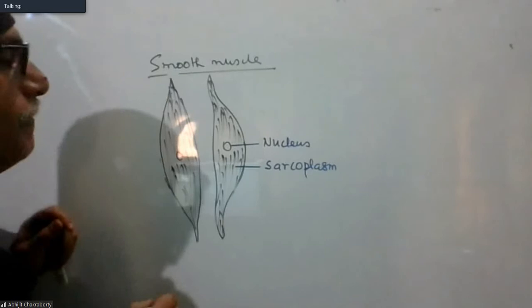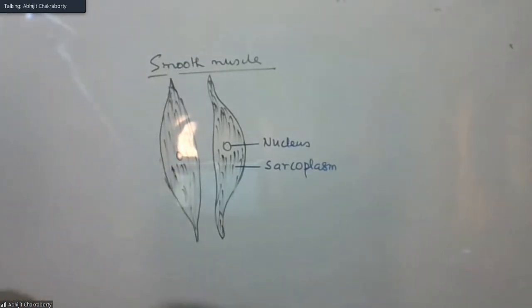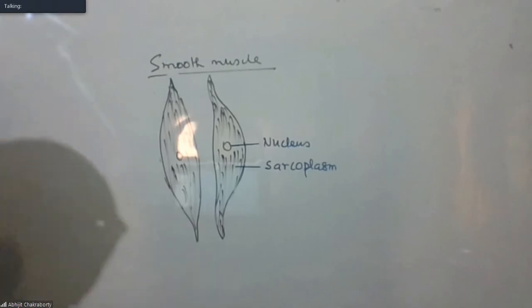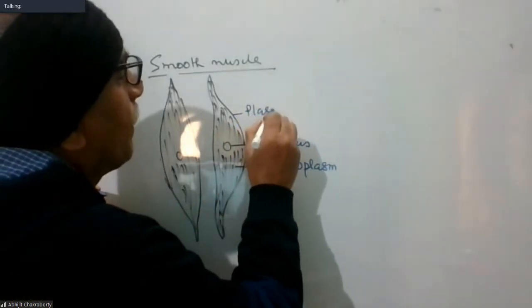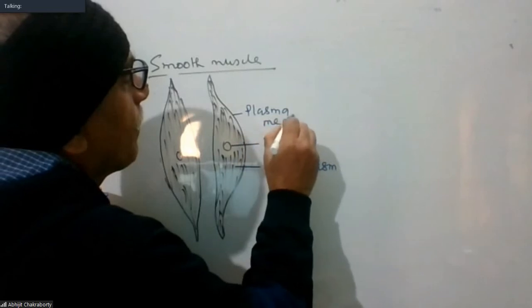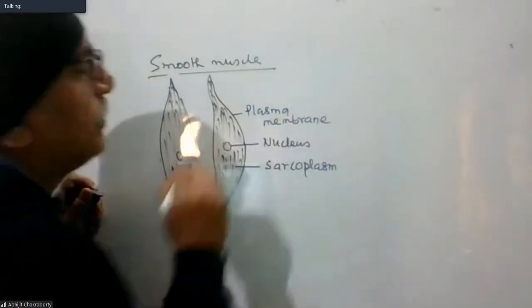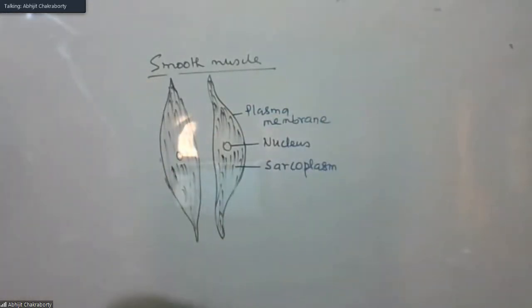Sarcoplasm. So in case of smooth muscle fibers, you remember this thing basically. This plasma membrane, they are uninucleate.